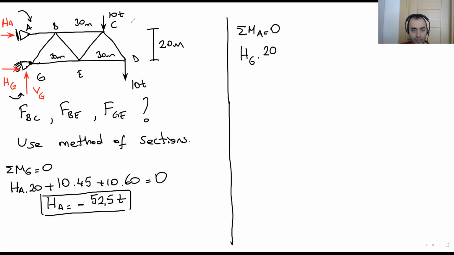Let's do this calculation for these tens, minus 10 times 45, minus 10 times 60 equals 0. That's correct. There's something wrong. No.